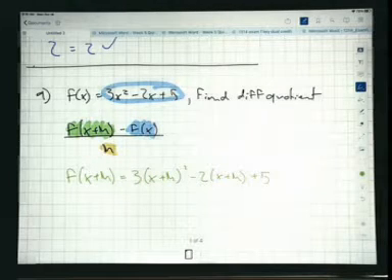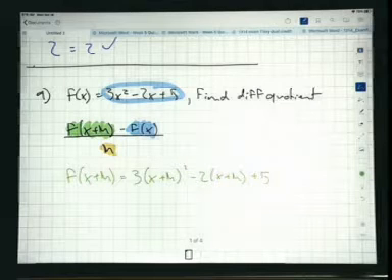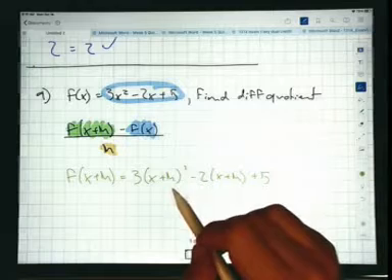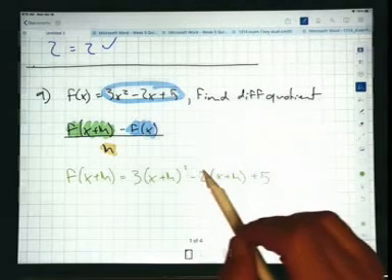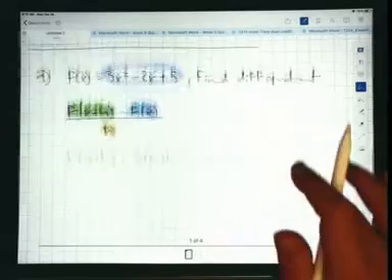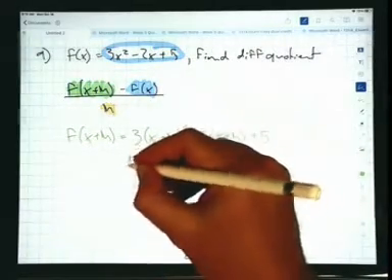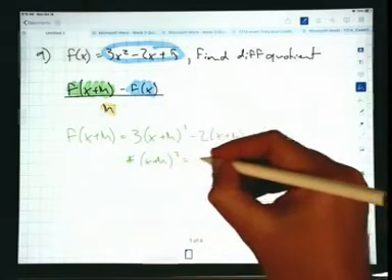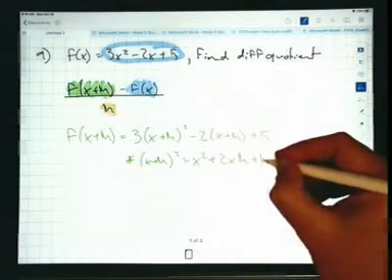One of the issues that comes up with a problem like this is the order of operations. Order of operations says that we need to do exponents first. Don't distribute the 3 just yet. Do the exponents first. I told y'all to memorize that x plus h squared is equal to x squared plus 2xh plus h squared.